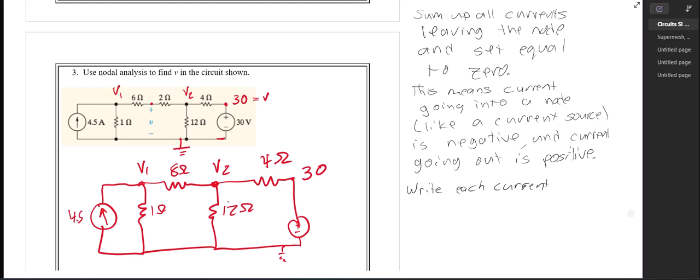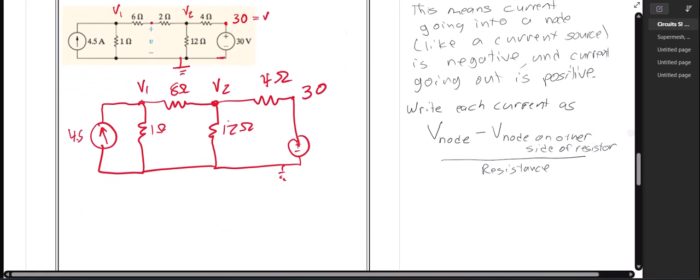Write each current as the voltage at the node you're working at. We write an equation for each node.